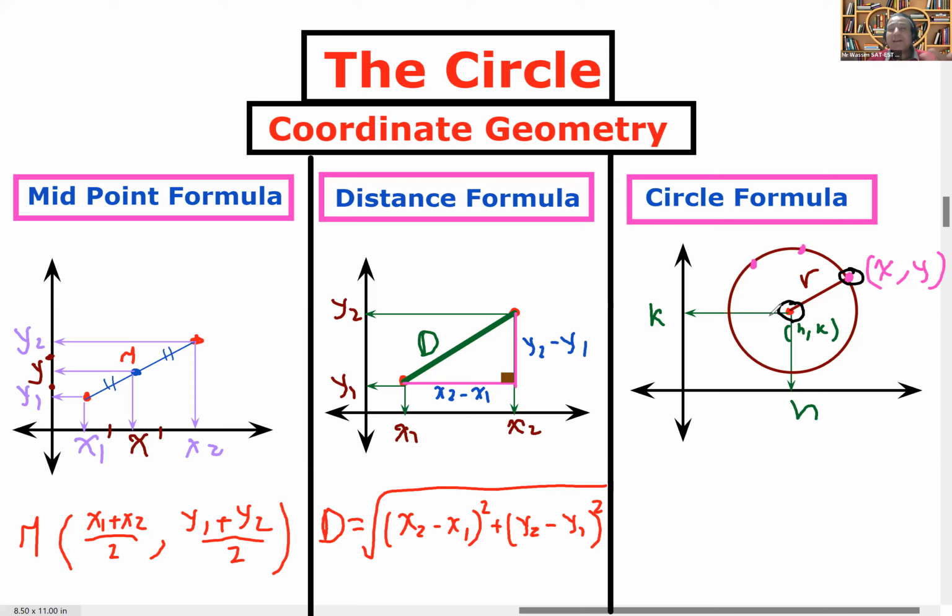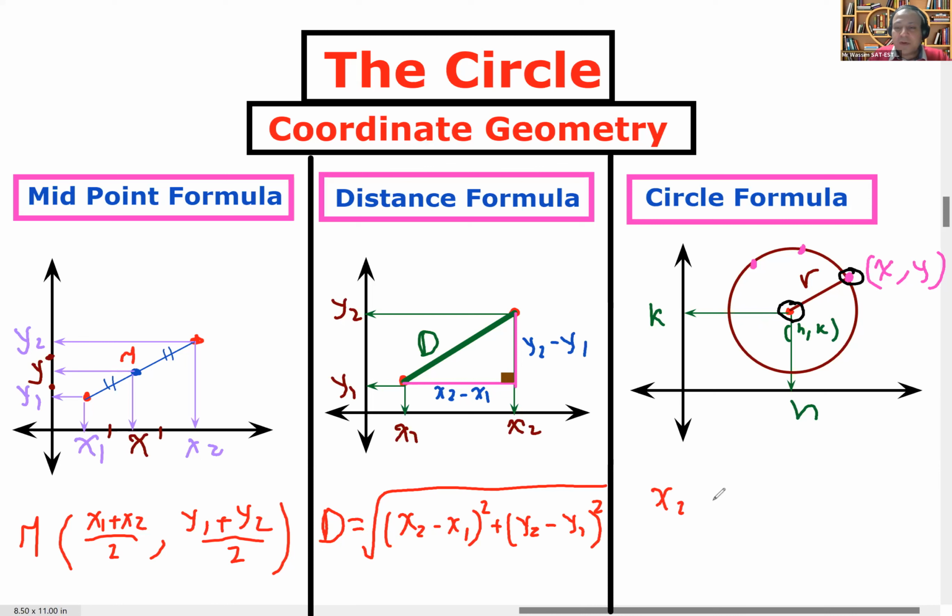Squaring both sides equal r square. So we deduced the circle formula from the distance formula. The distance formula comes from Pythagoras, and the circle formula from the distance formula.